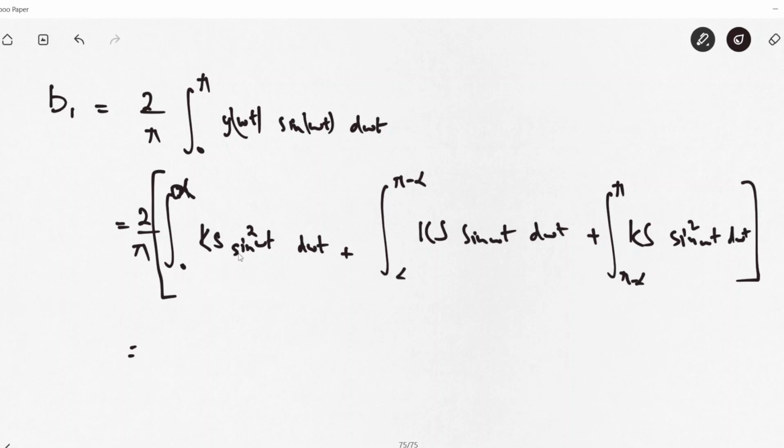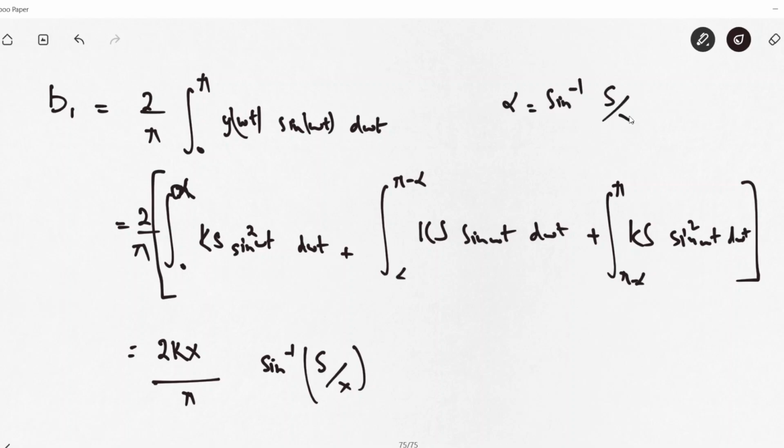So solving this, again, sine square omega t is 1 minus cos 2 omega t divided by 2. So you can substitute that here, then apply the limits. I am directly going to write down the equation. What we'll be getting is 2kx divided by pi sine inverse of s by x, where alpha is actually equal to sine inverse of s by x. Fine.